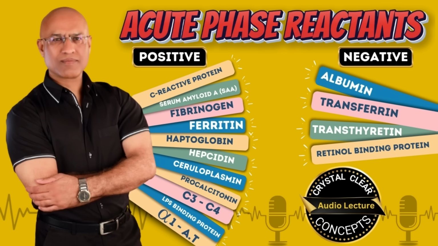One thing I told you, produce more haptoglobin. Second thing I told you, produce more ferritin. Both conditions reduce the availability of iron for the pathogens. Now comes the third thing.